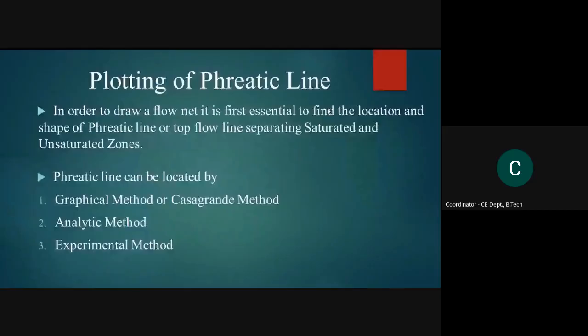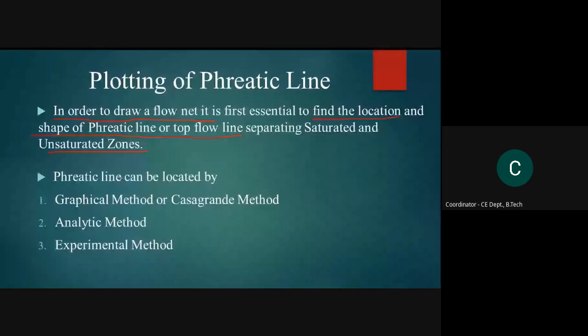Plotting of a phreatic line. What is this phreatic line actually? In order to draw a flow net, it is first essential to find the location and shape of the phreatic line, or top flow line, separating the saturated and unsaturated zones.